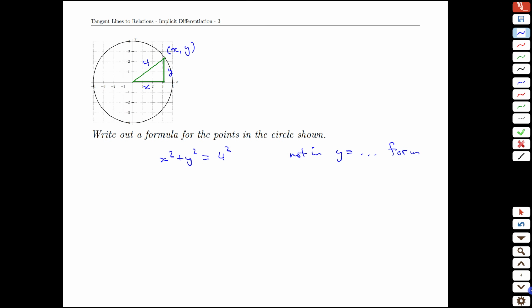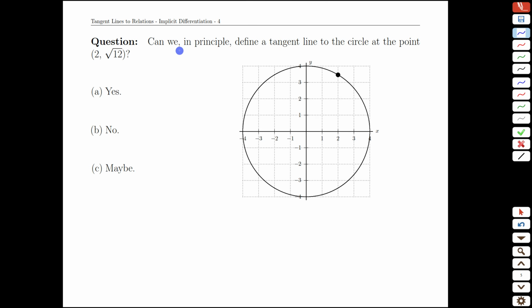All right, so now we have our circle, and let's say we pick a point on there. Here we're picking the point 2 root 12, somewhat arbitrarily. Our question is, can we, in principle, without knowing how yet, define a tangent line to the circle at this point here? Think about it for a moment, then we'll come back.